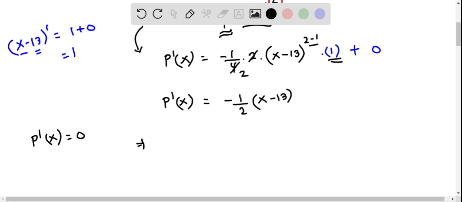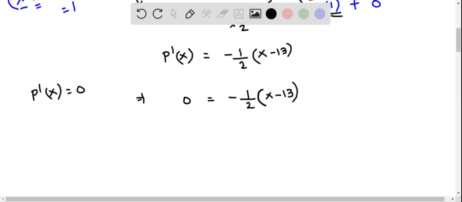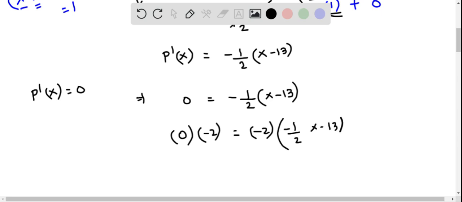So therefore we get 0 equals negative 1 by 2 times (x minus 13). We can solve for x from this equation. For that, I'm going to multiply both sides by negative 2. So 0 times negative 2 equals negative 2 times negative half of (x minus 13).